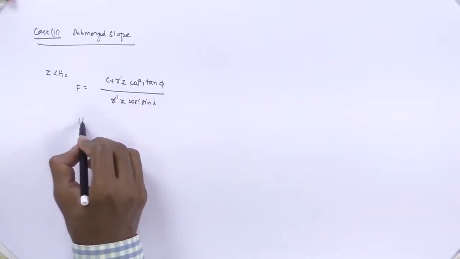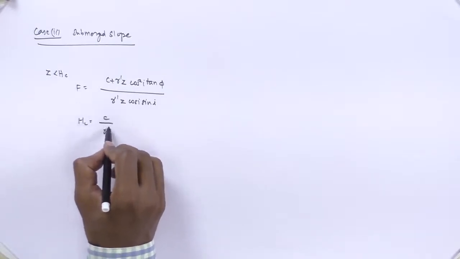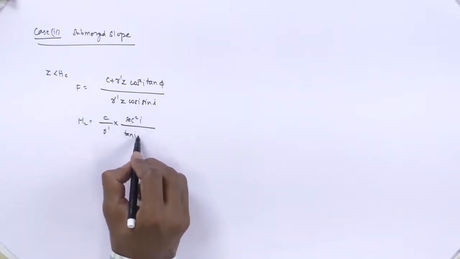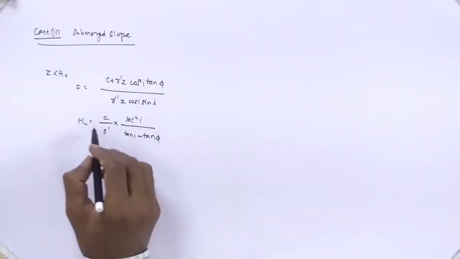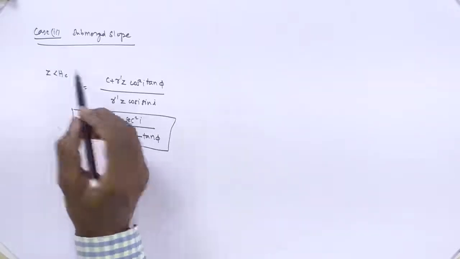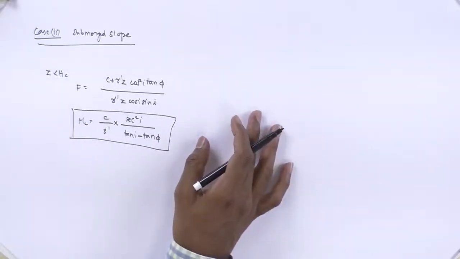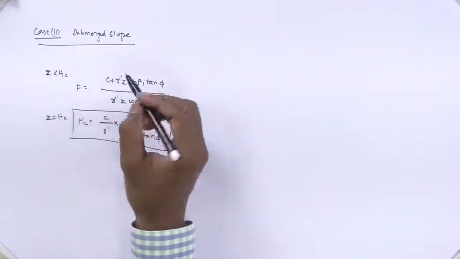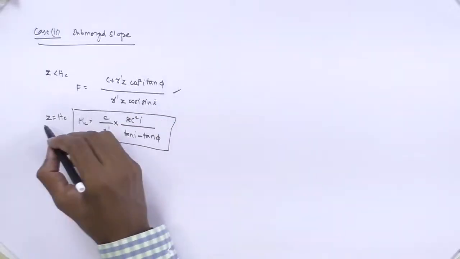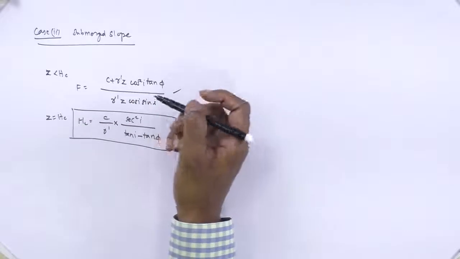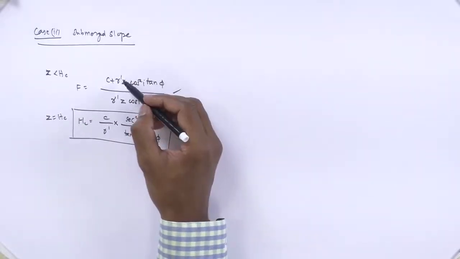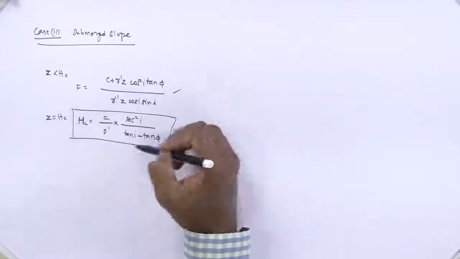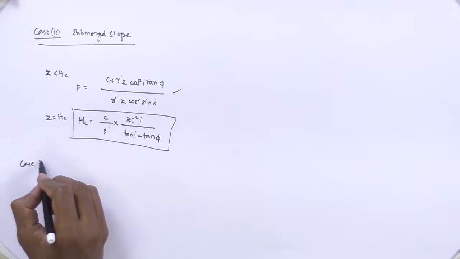We can rewrite this into hc equals c divided by gamma dash into secant square i divided by tan i minus tan phi. So this is the critical slope when h equals hc. So z is less than hc, the factor of safety will be like this. When h equals z equals hc, just replacing the z values with hc, it can be transformed to get this format. So this is case 2.